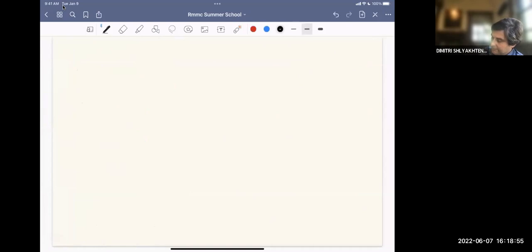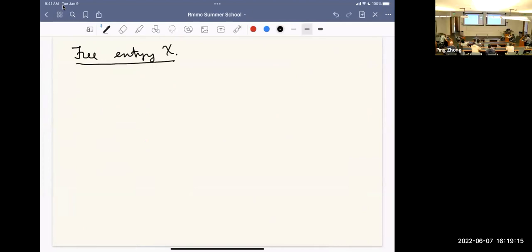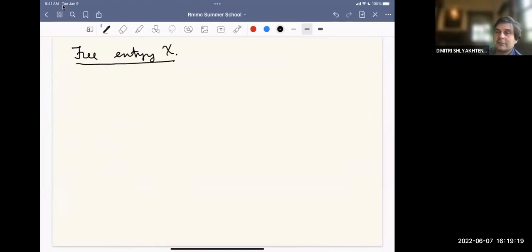All right, so what is this free entropy? Hi. So there, Voiculescu's idea was to mimic a kind of Boltzmann definition of entropy. So say again? There's some noise or question, I don't know.